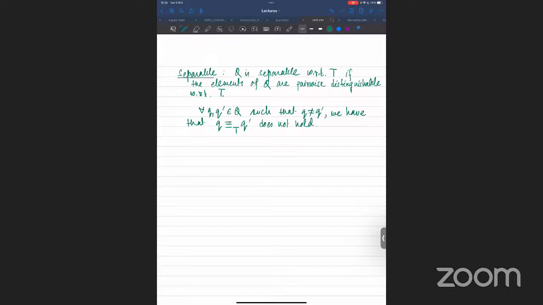And you say that the whole set capital Q is separable if any two different strings Q, Q prime can be distinguished by some string in capital T. And this is pairwise distinguishable. Clear? Okay. The definition is okay. Any question?